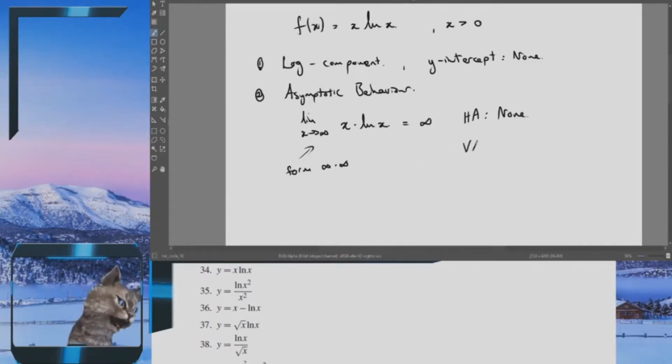What about vertical asymptotes? Well, I know that for the log function on its own, I have a vertical asymptote at x equal to 0. But the presence of this x might change things a little bit. So I want to check if x gets close to 0 from the right, what is happening to the function?